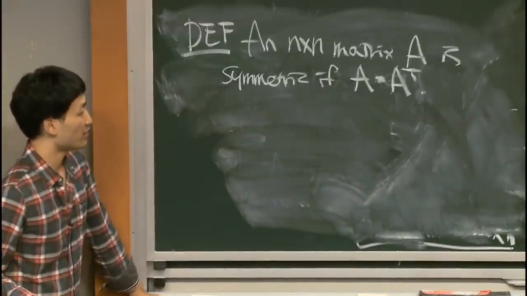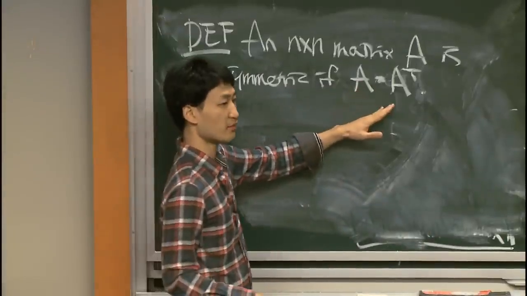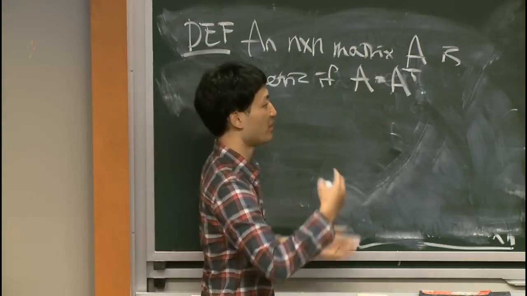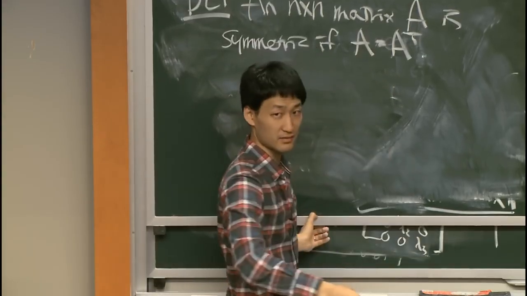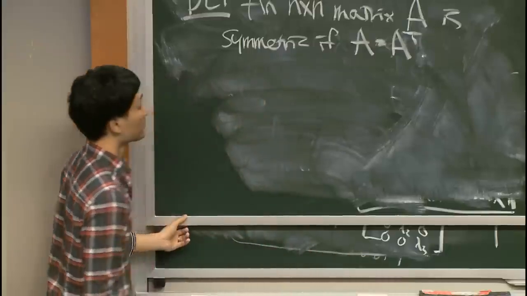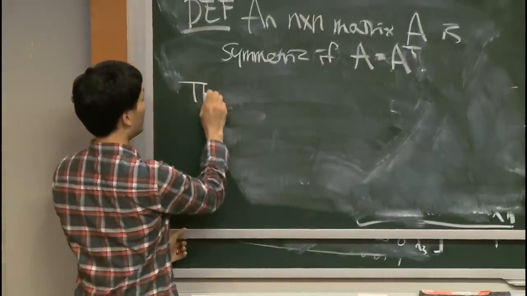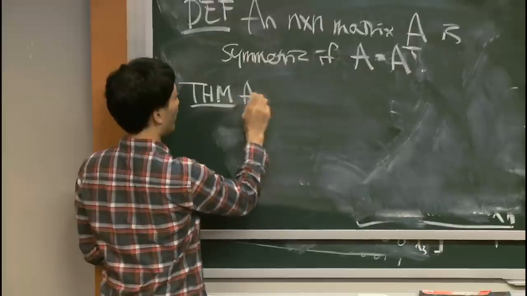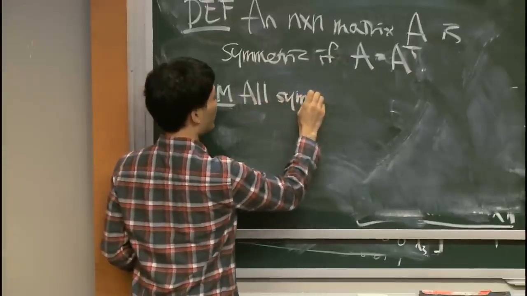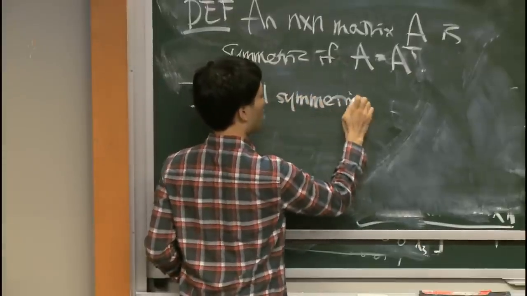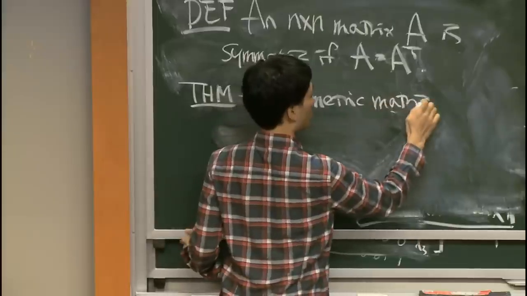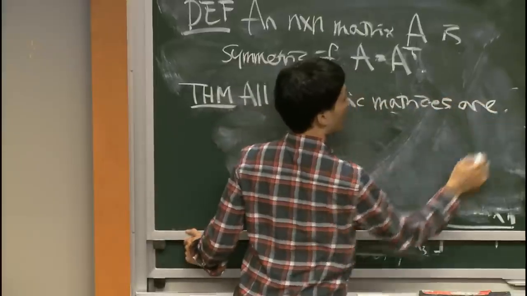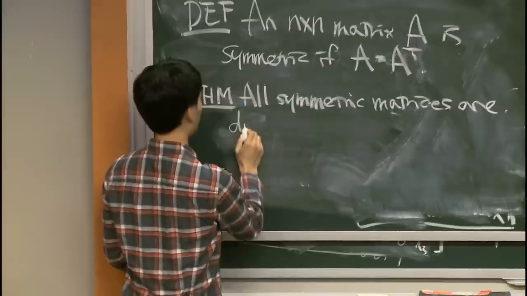So a matrix is symmetric if it's equal to its transpose. A transpose is obtained by taking the mirror image across the diagonal. And then it is known that all symmetric matrices are diagonalizable.